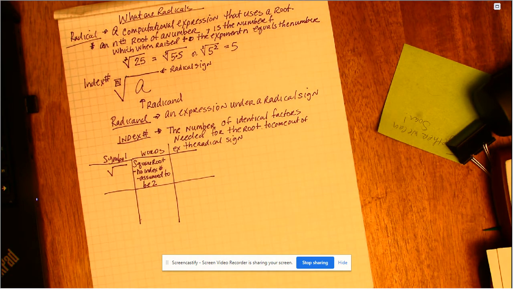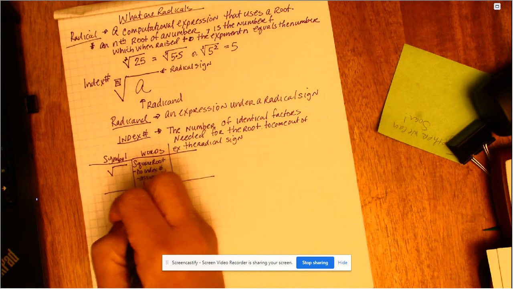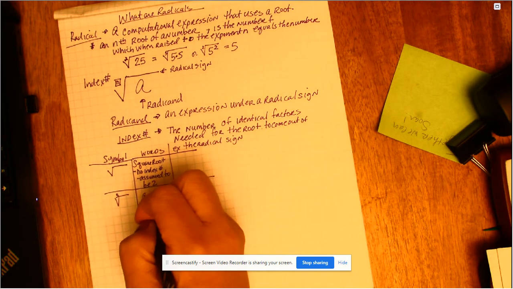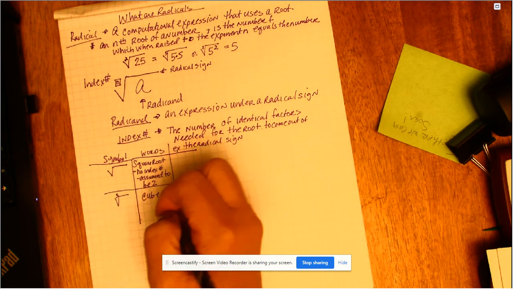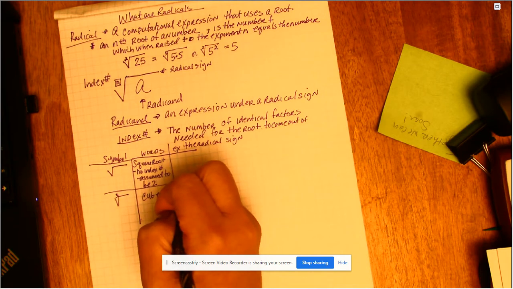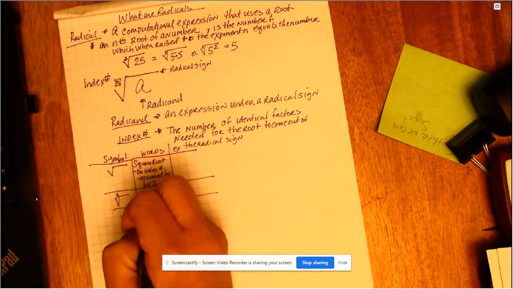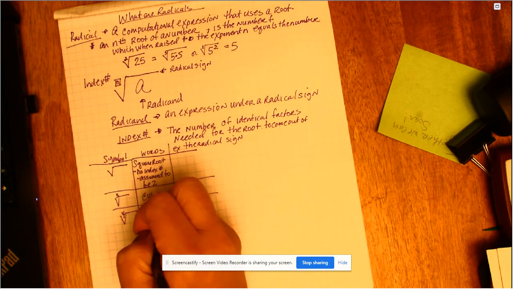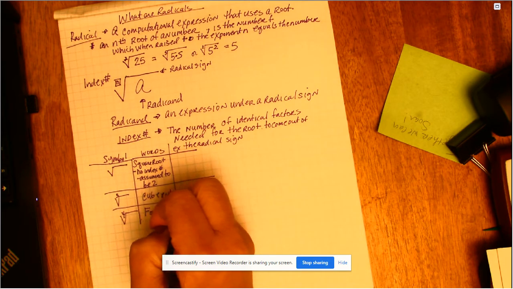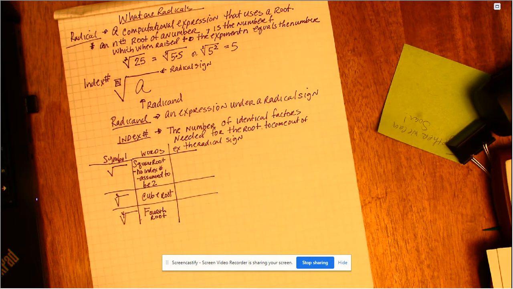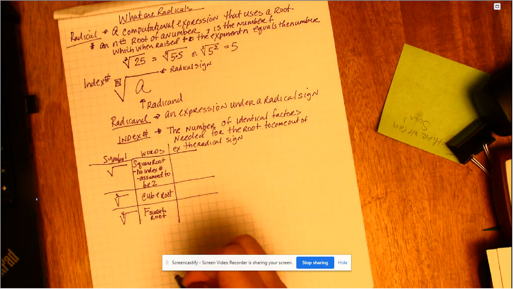Okay. And we can have a cubed root. We can have a 4th root. Okay, etc. 5th root, 6th root.